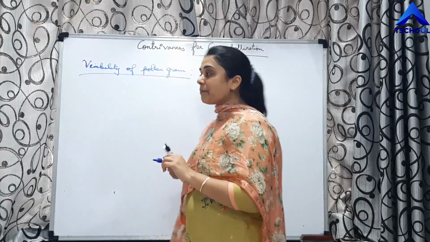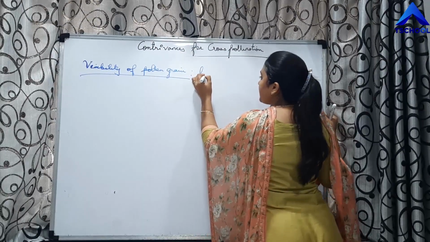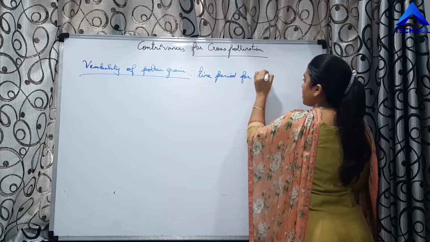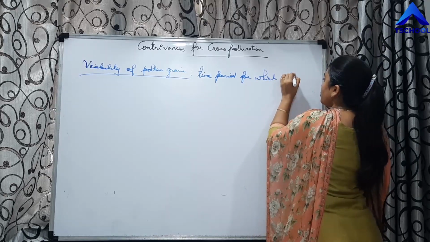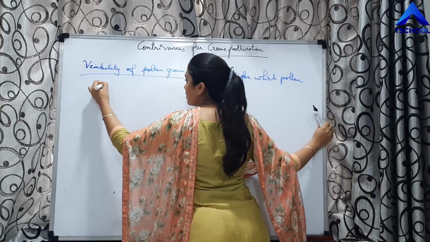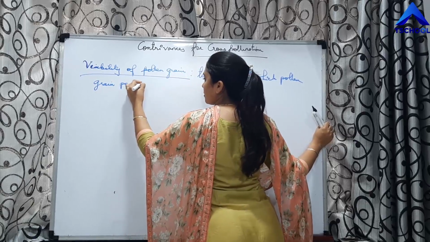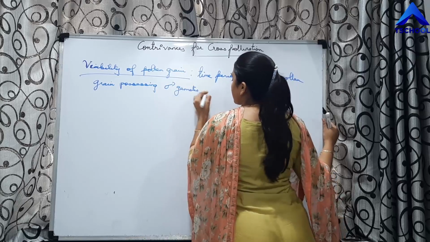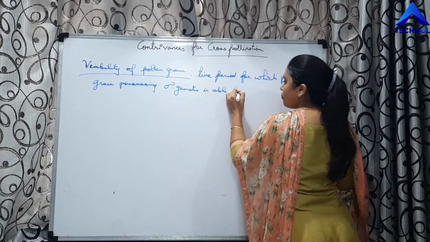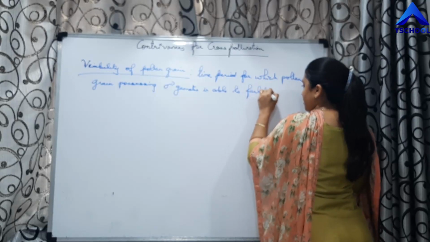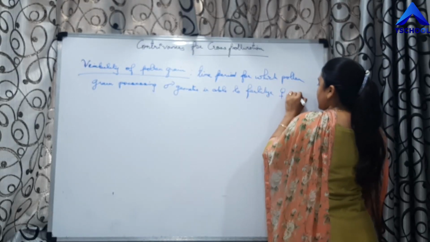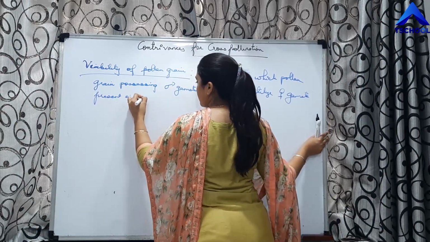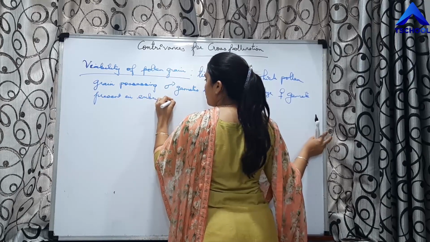Right? So what is viability of the pollen grain? It is the time period for which pollen grain possessing male gametes is able to fertilize the female gamete present in the embryo sac.